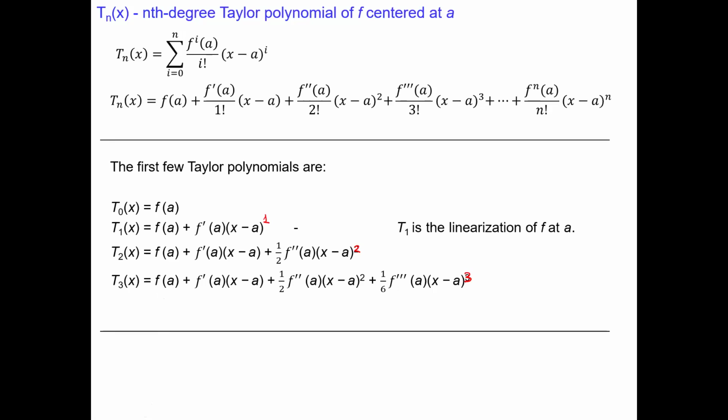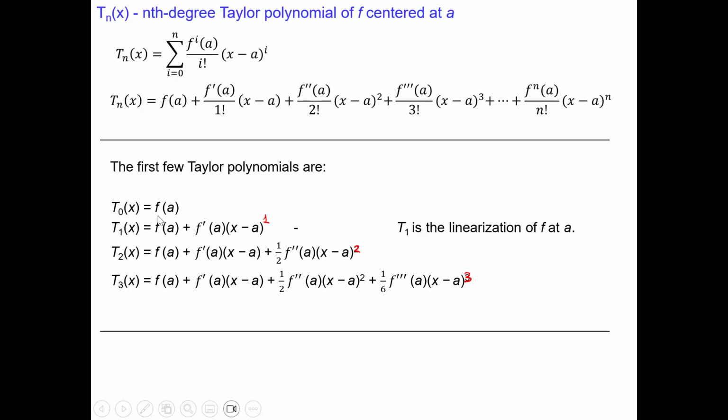One more thing: we can say the nth degree Taylor polynomial is like a partial sum, because we're taking just partial terms. But that index 1, 2, 3 doesn't correspond to the number of terms. We may notice T sub 1 of x is the first degree Taylor polynomial, and we actually have two terms, the first one and the second one.